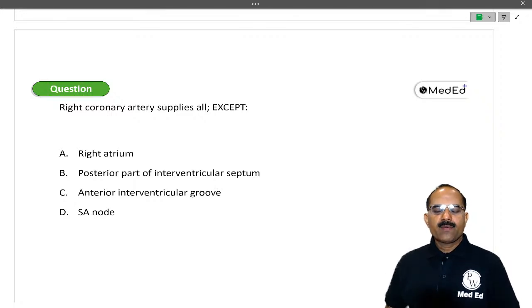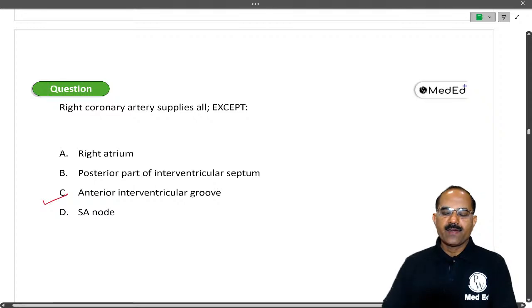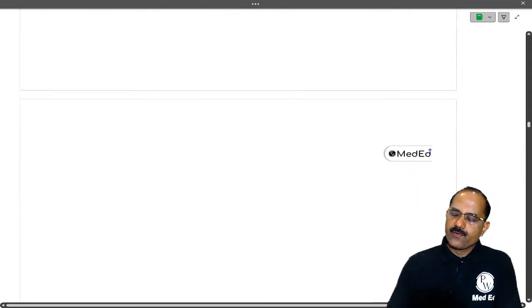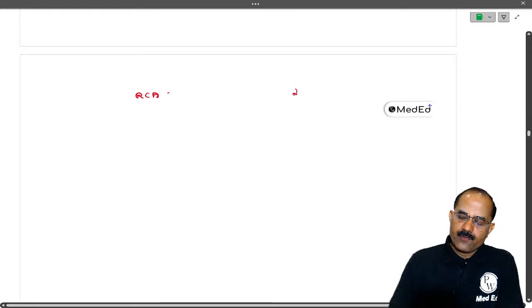Yes, Apeksha, what happened? Answer is anterior interventricular groove. I'll just write this down for you. Right coronary, left coronary artery. What does the right coronary artery supply? It supplies the right atrium, right ventricle.